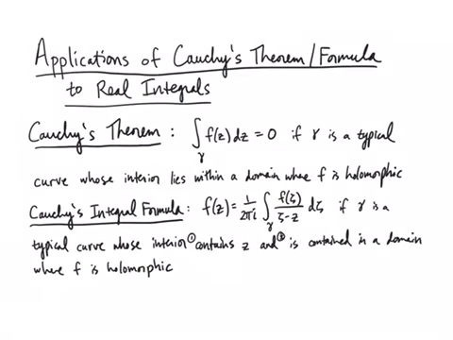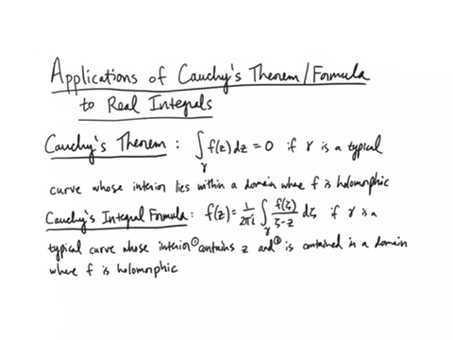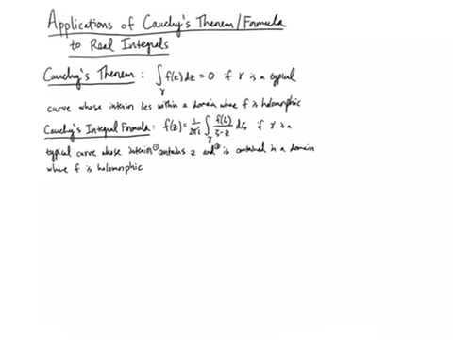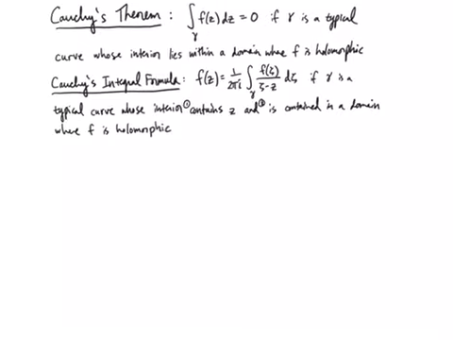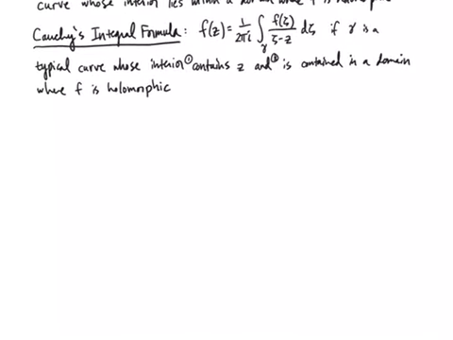So f has to be holomorphic throughout the interior of gamma. Those were the theorems we covered last time. Actually, we'll start by using Cauchy's integral formula, so I'll leave that up here for the moment.